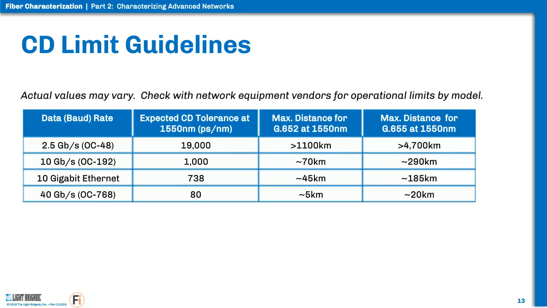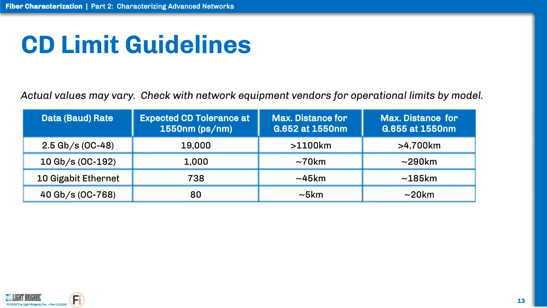So if you look at these data rates, you can see the amount of tolerance in that second column. The first column is the data rate, or the baud rate. I'll explain that a little bit later. That could be the bit rate or the baud rate, depending on what you're dealing with here. The CD tolerance is the value of CD, or the total CD allowed in picoseconds per nanometer, in the second column.